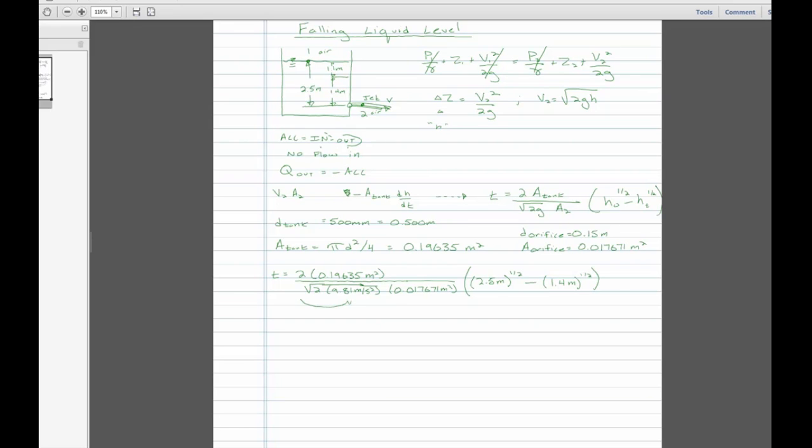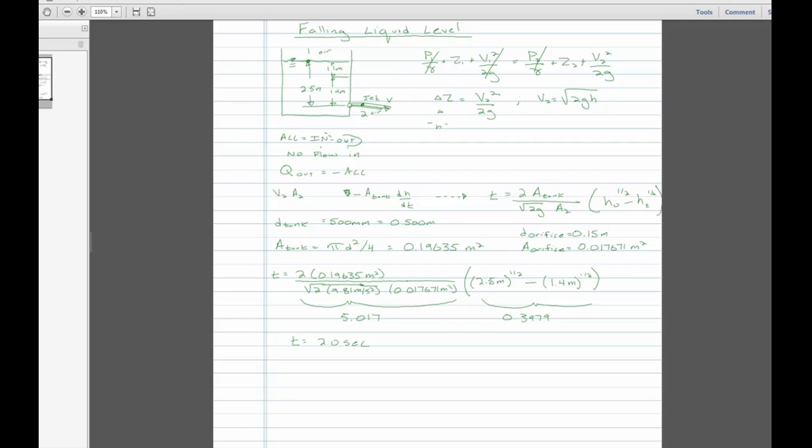If we do the calculations for this entire expression, that works out to 5.017, and this entire expression is 0.3979, and so the amount of time it's going to take to fall is 2.0 seconds.